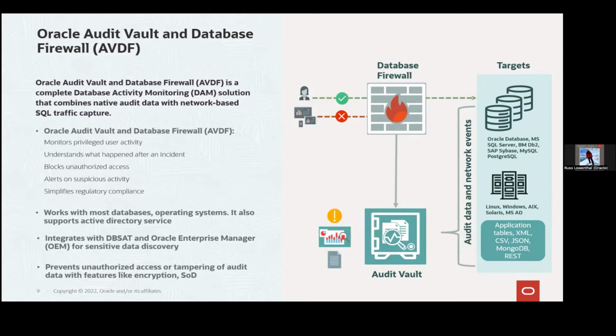You also have the database firewall, which is network-based monitoring that is tracking the incoming SQL commands to your databases. Here, your target list is a little bit narrower because we actually have to build parsers for those. So with audit, we make the claim almost anything that produces an audit trail, Audit Vault can work with it.